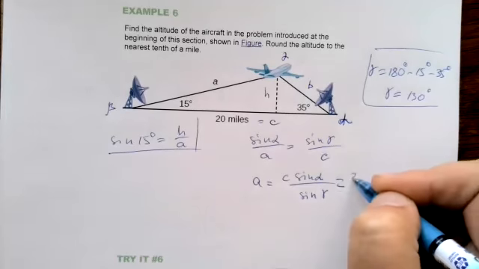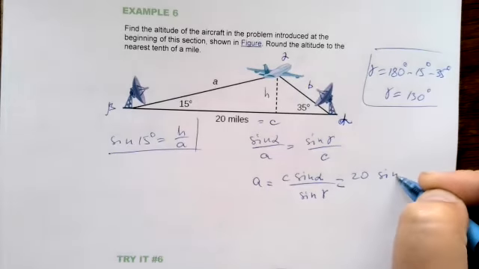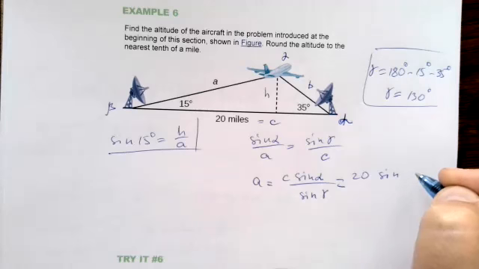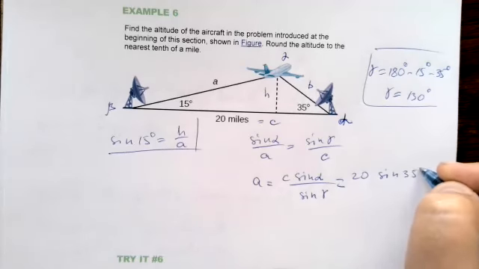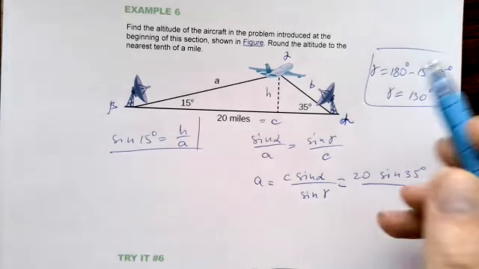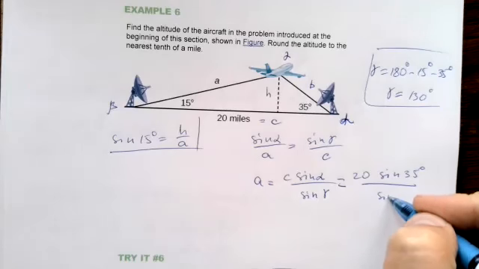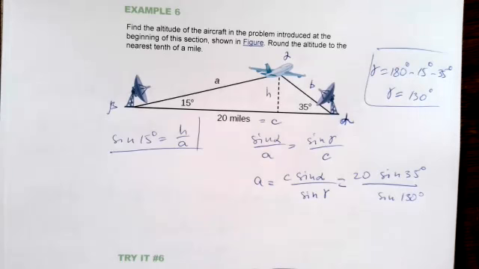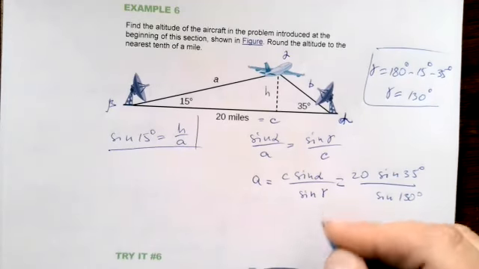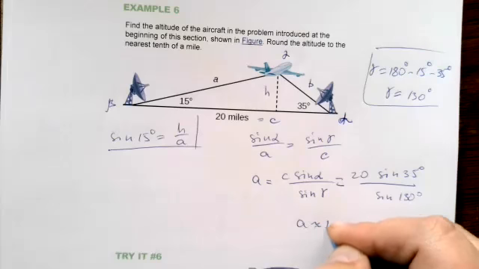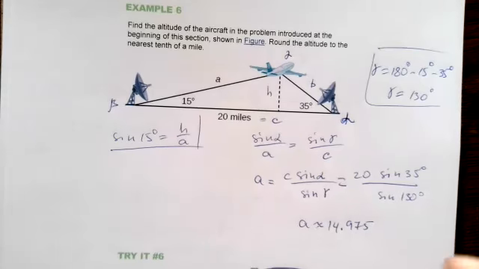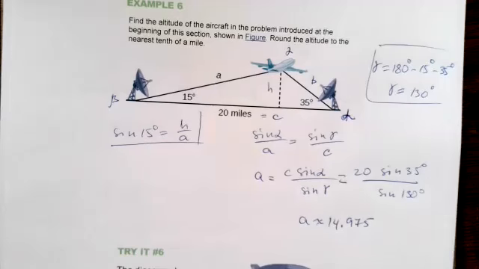So it's going to be 20 times sine of 35 divided by sine of 130. All right, and so A is approximately 14.975 miles.